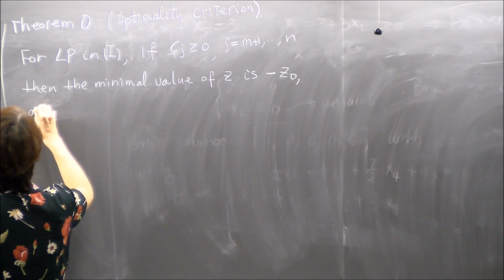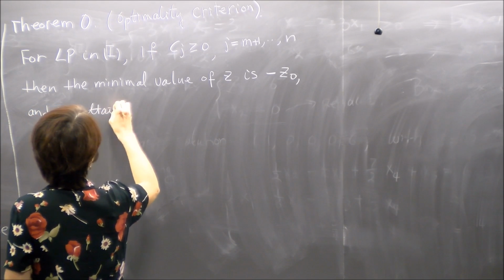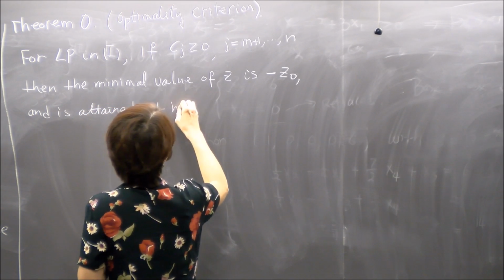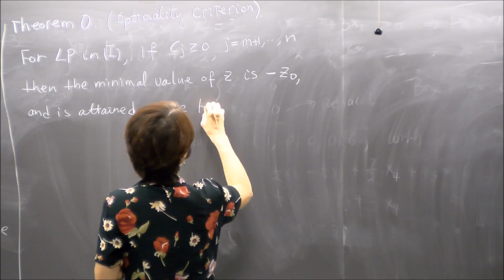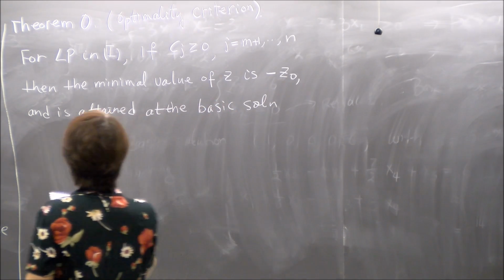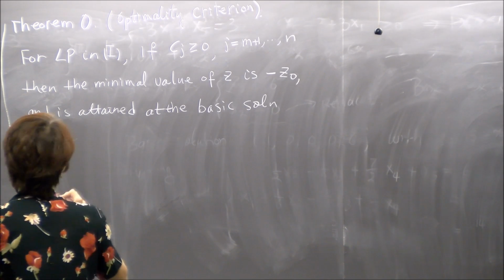And where is it attained? Well, it's attained at the basic solution. Okay, so how do I find the basic solution in the general form? Well, you see all the xi's as basic variables should equal the right-hand side.